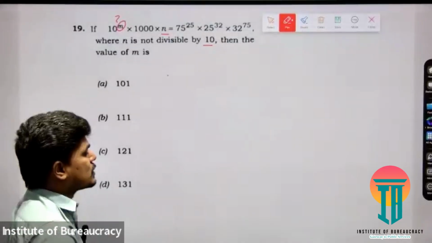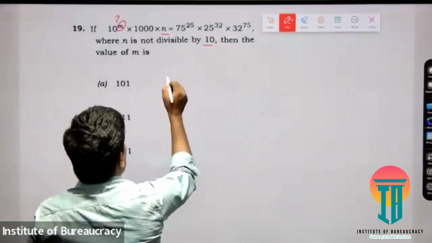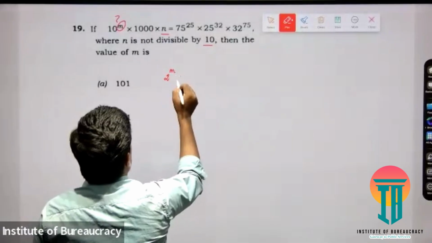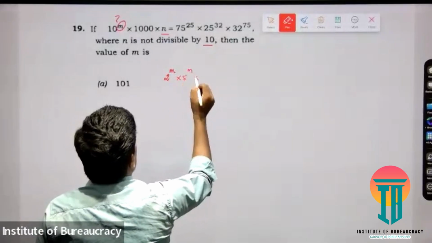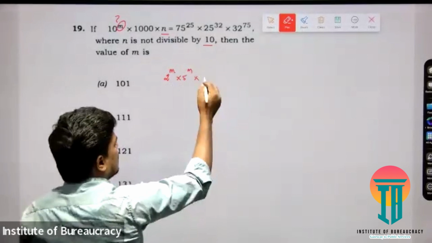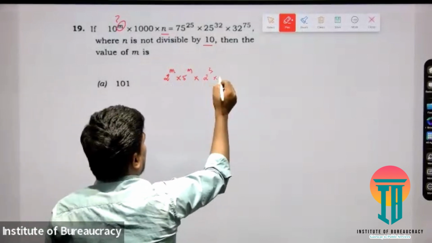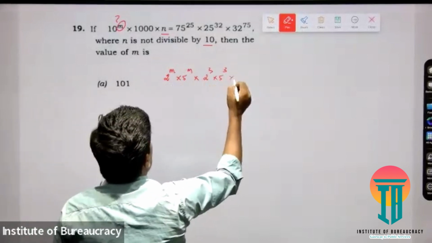That's what you have to write. You have to split and write. So it is going to be 2 power m into 5 power m. This 1000 is 10 power 3, that is 2 power 3 into 5 power 3, into m.